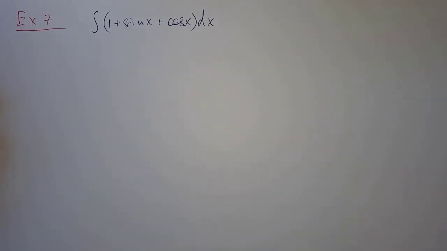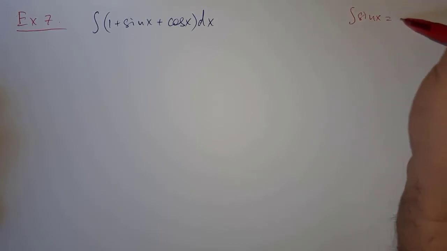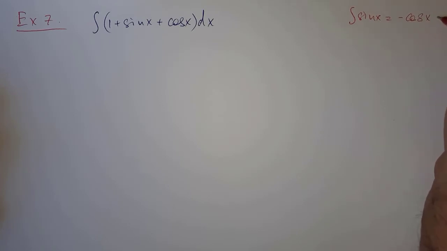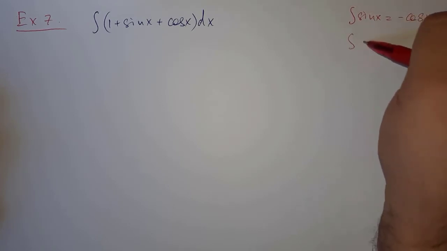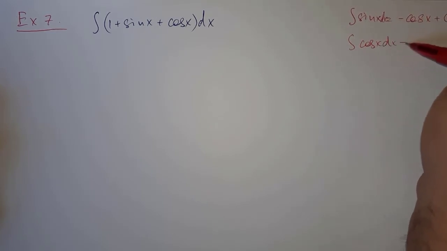The next example, the integral of 1 plus sine x plus cosine x. So now we will use the table for sine and cosine. The integral of sine x was minus cosine x plus c, and the integral of cosine x dx is sine x plus c.